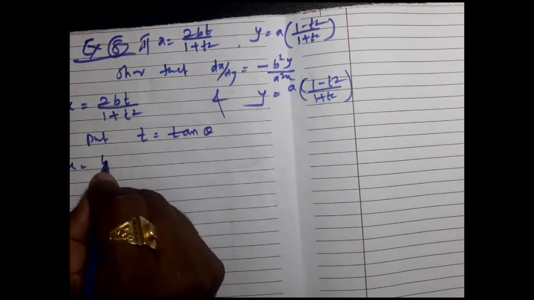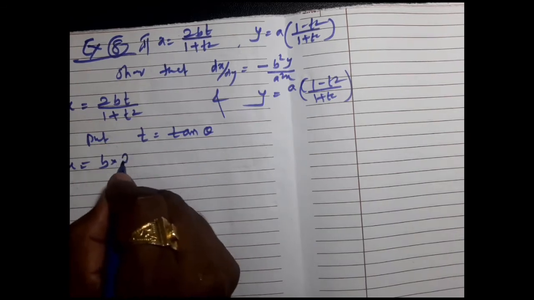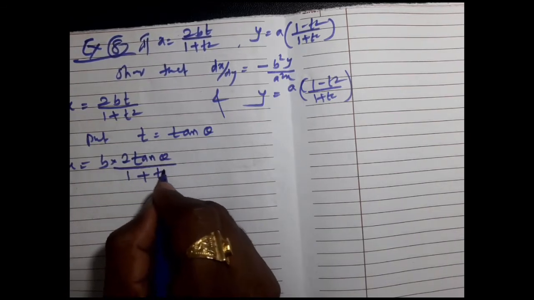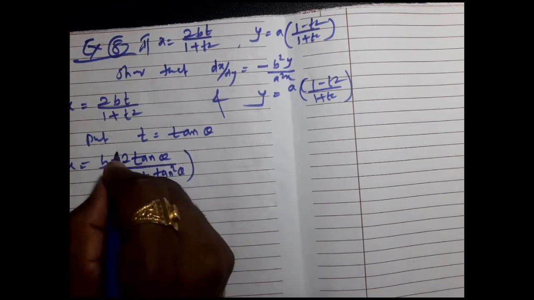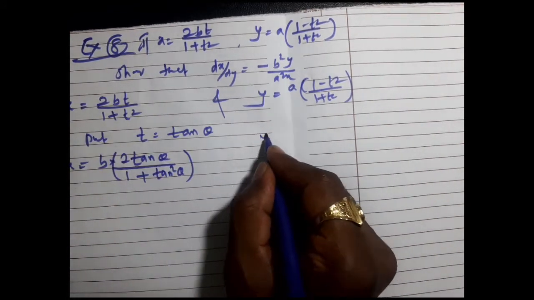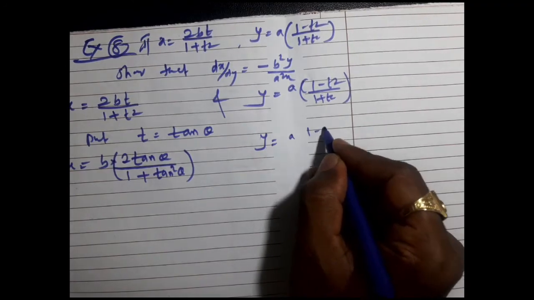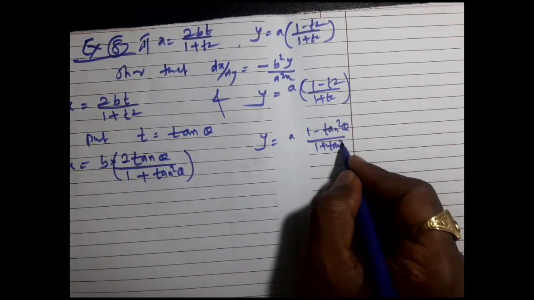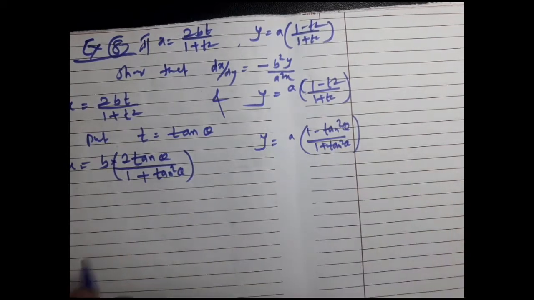So b into 2 tan theta upon 1 plus tan square theta, and a into 1 minus tan square theta upon 1 plus tan square theta.